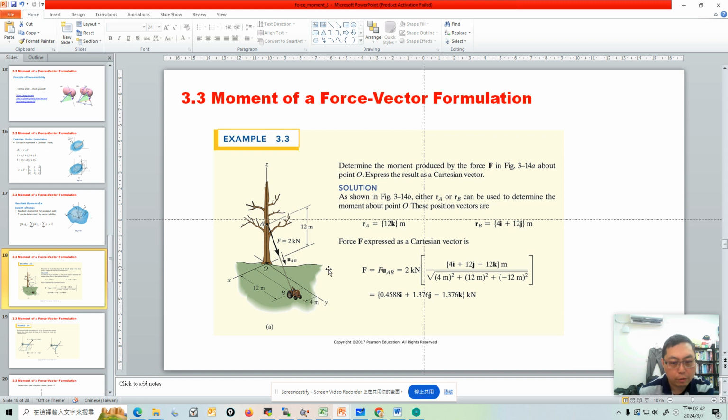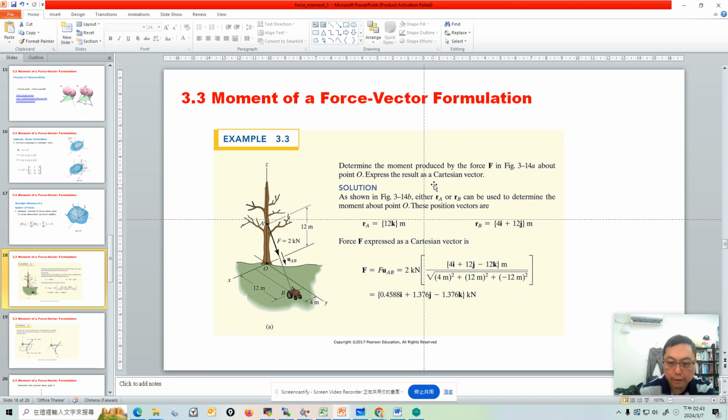Then a very simple question: what is the moment caused by the force? And express the result as a Cartesian vector. That just means you want to calculate your moment, and express your moment as a Cartesian vector.